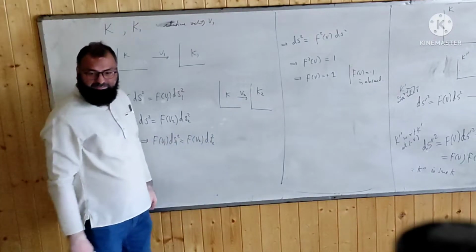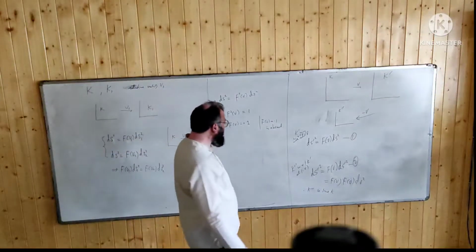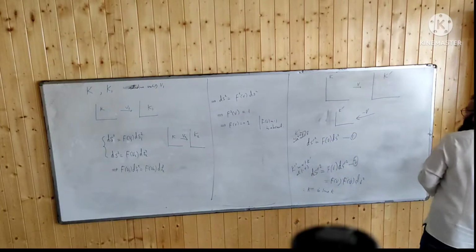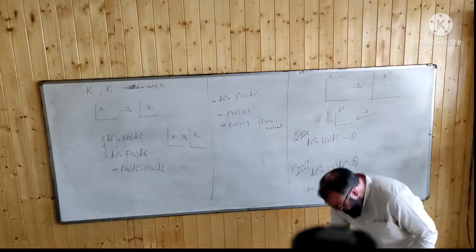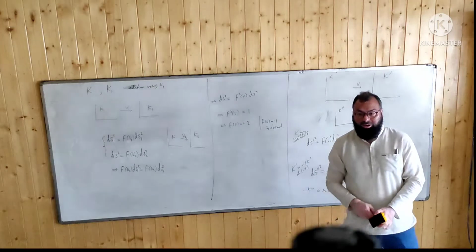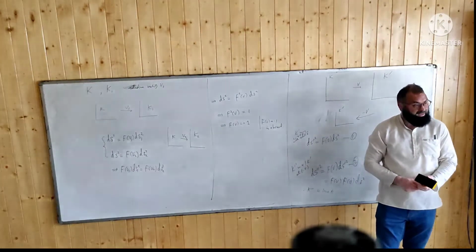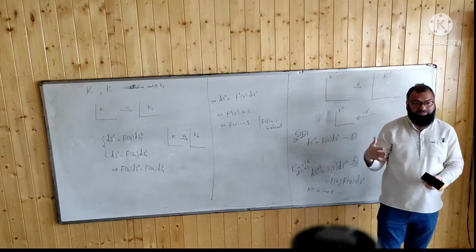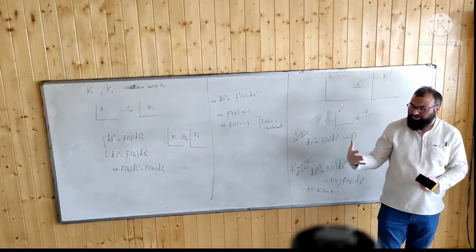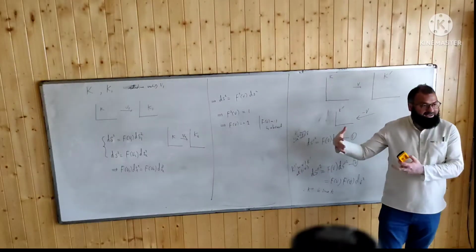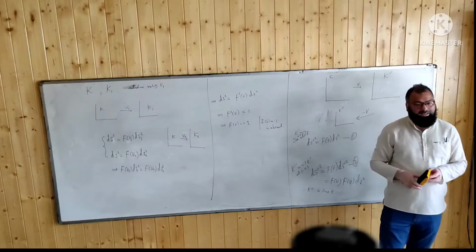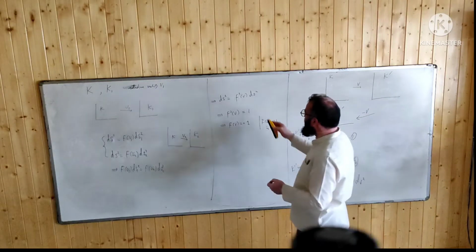Clear? Okay, now there is one more piece of information in our problem: k1 and k2 are also moving relative to each other. If k1 is moving with respect to k and k2 is moving with respect to k, it means k1 and k2 are also moving relative to each other.